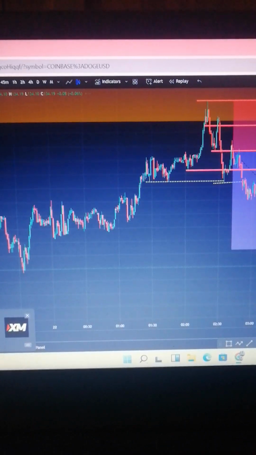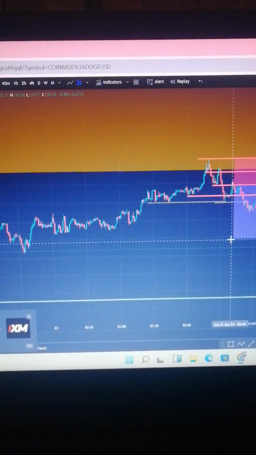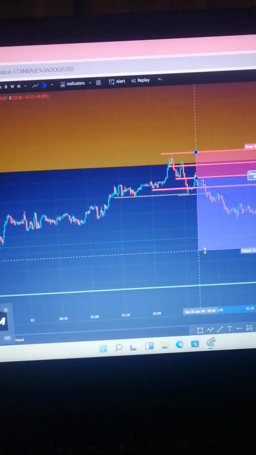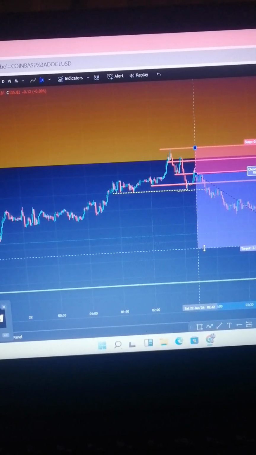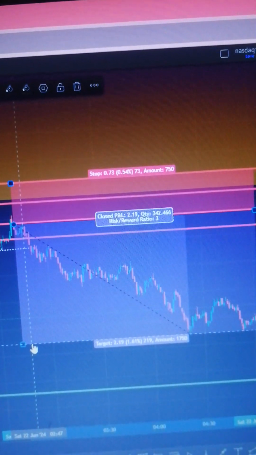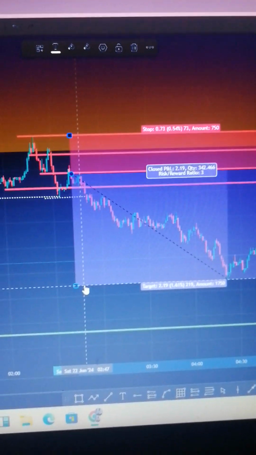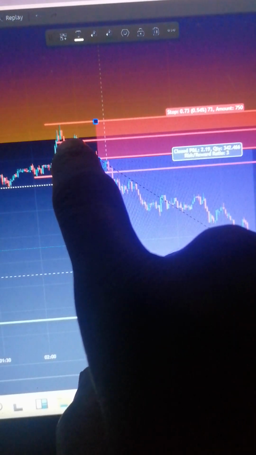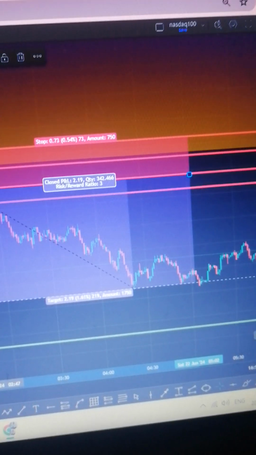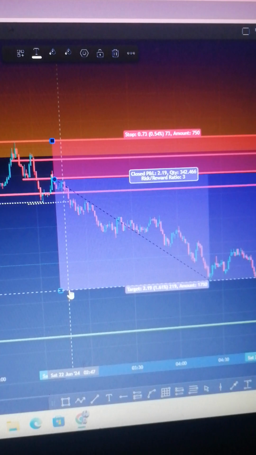And you can see the risk to reward ratio increased, and now we have 3 RR. If you come on lower time frame after this change of character here and you enter here, stop loss above there because we still have an order block here, you're now aiming for 3 RR.